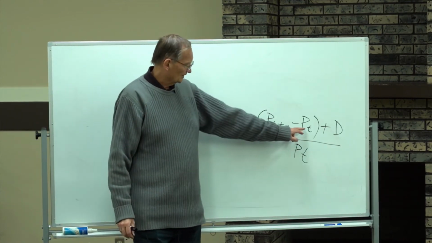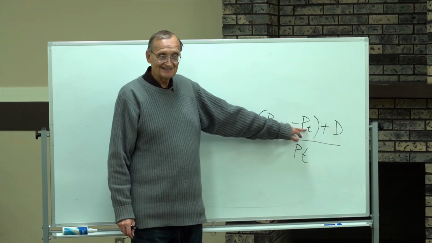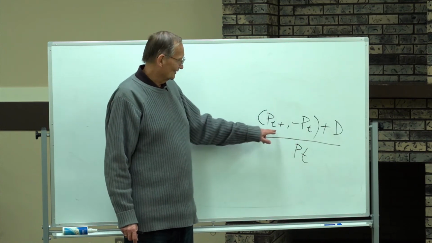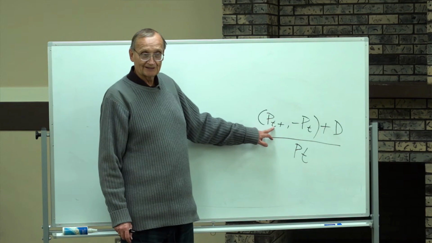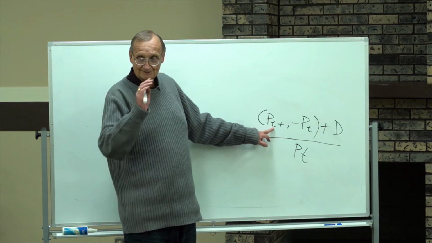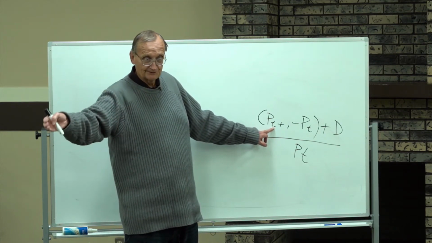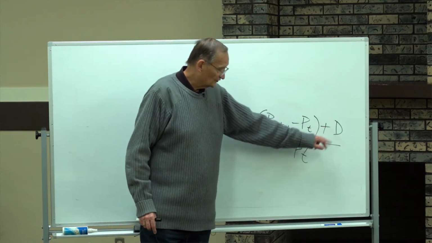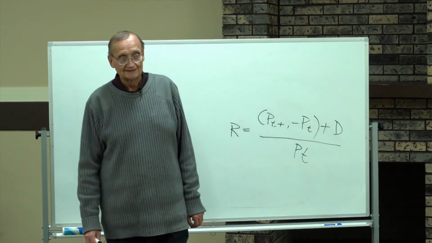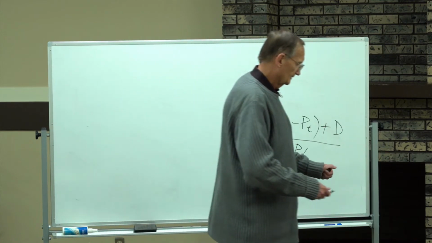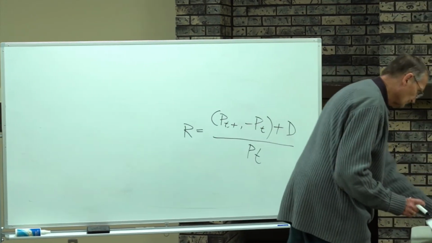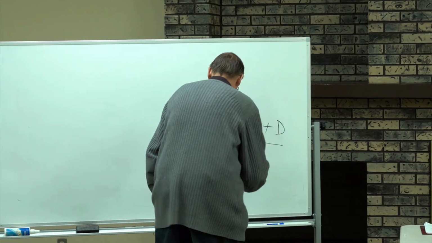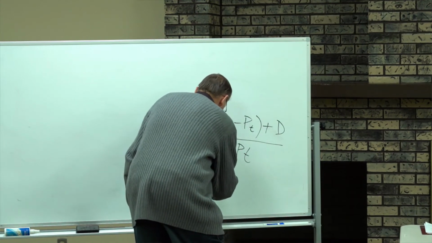And so here's the price of the stock at time t. Later on, this is the price of the stock at time t plus 1, one time period over. And this is D, and D, you know, is the dividend. So if I put some numbers into there, this will be plain to you.